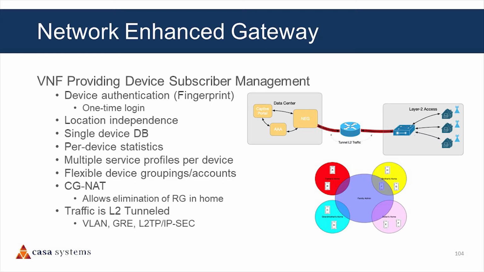One of the things people always ask about is security. If I'm in my home and I bring my traffic in at layer 2, how do I ensure that my traffic is protected? Well, traffic from any endpoint can be brought into this network enhanced gateway through something as simple as a GRE tunnel or an L2TP tunnel, or with a standard access network running with TR-101 today.